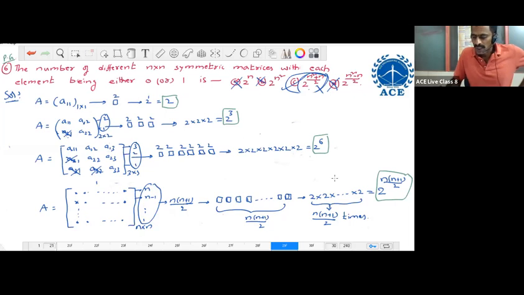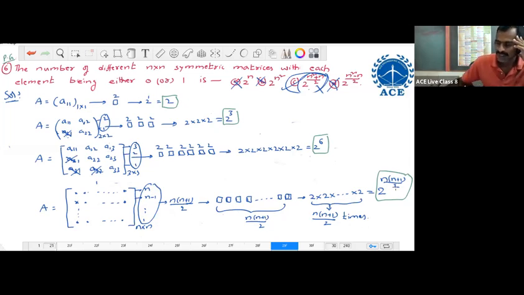For every order, if you observe the value, the base is fixed at 2. Only the powers change, depending on the order of the matrix. For first order, the power is 1. For second order, the power is 3. For third order, the power is 6. For nth order, the power is n into n plus 1 by 2.